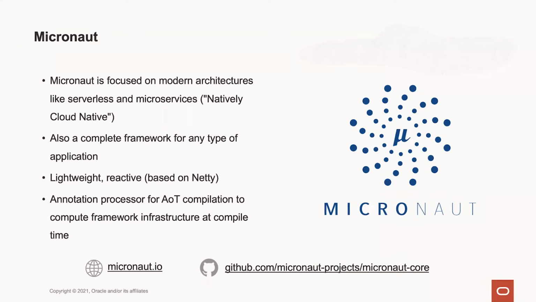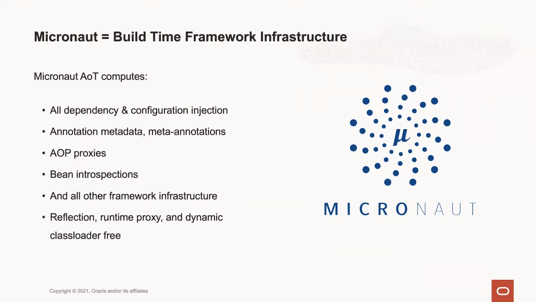So the way that it works is Micronaut has a very extensive annotation processor that hooks into the compilation process, and it uses annotation data to build your framework artifacts at compile time instead of at runtime, the more traditional runtime type processing. So traditional frameworks like Spring, I'm going to sort of pick on Spring a little bit, even though Spring does have the Spring Native project, which works really well with native image, still use quite a lot of runtime processing that has a cost.